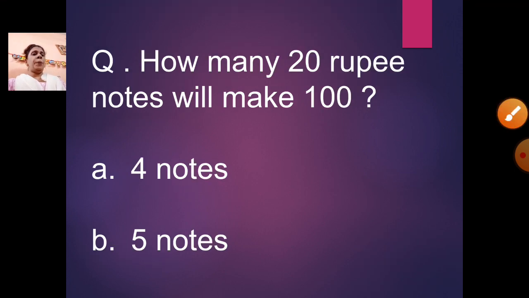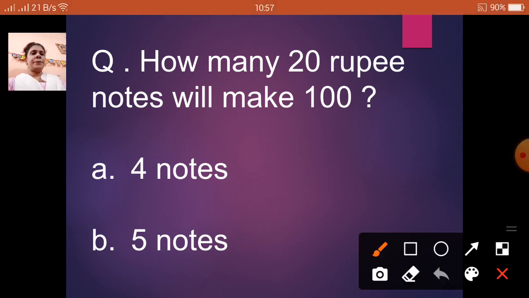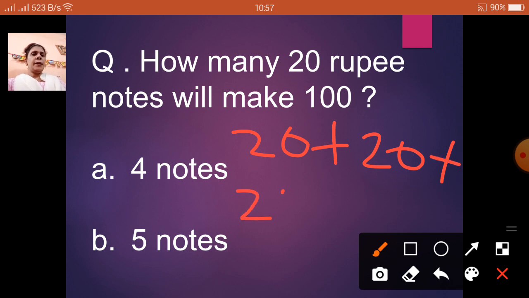How many 20 rupee notes will make 100? Option A, 4 notes. Option B, 5 notes. Let us calculate. 20 plus 20 plus 20 plus 20.